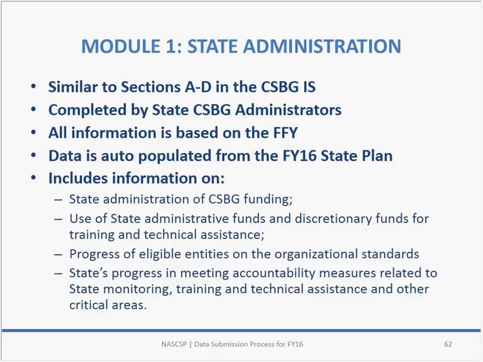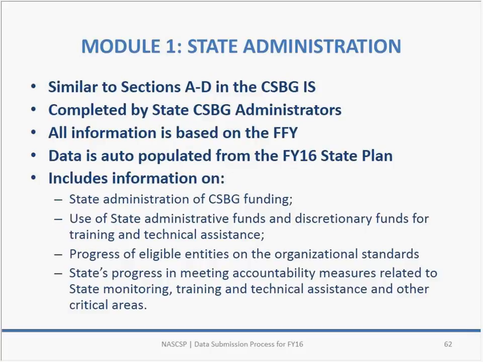We want to make sure we emphasize that all of the information in Module 1 is based off the federal fiscal year. You'll see that's likely because the information is auto-populated from the state plan. Module 1 focuses on things like state administration of CSBG funding, administration of discretionary funds, and training and technical assistance.